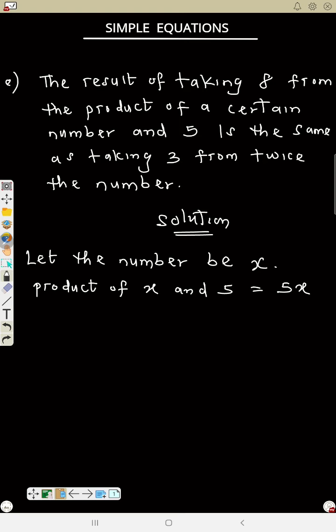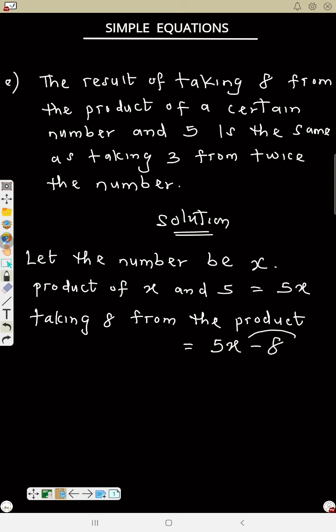So the result of taking 8 from the product, I'm writing it one by one. Taking 8 from the product is 5x minus 8. So you remove 8 from the product. Taking 8 from the product is the same as taking 3 from twice the number.